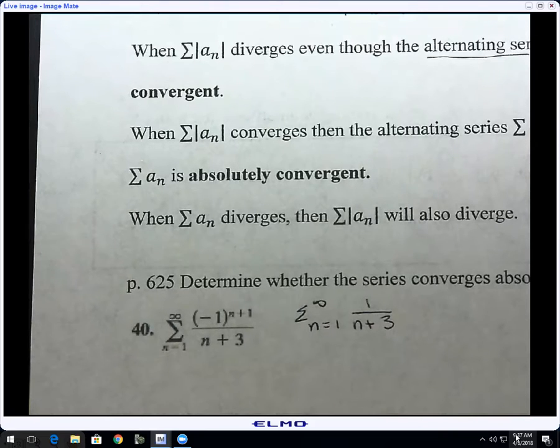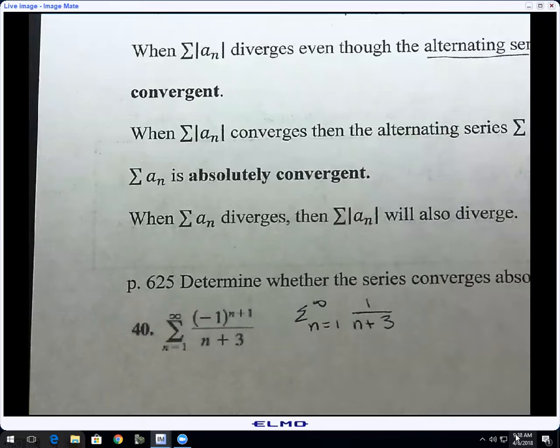How can I determine if that converges? Compare it to a harmonic series. The reason I hesitated on that is I was thinking, man, I wish the limit of the nth term wasn't 0, and then I could just say it diverges. But the limit of the nth term is 0, so that really doesn't tell me anything about this series. I'm going to have to use some other test.